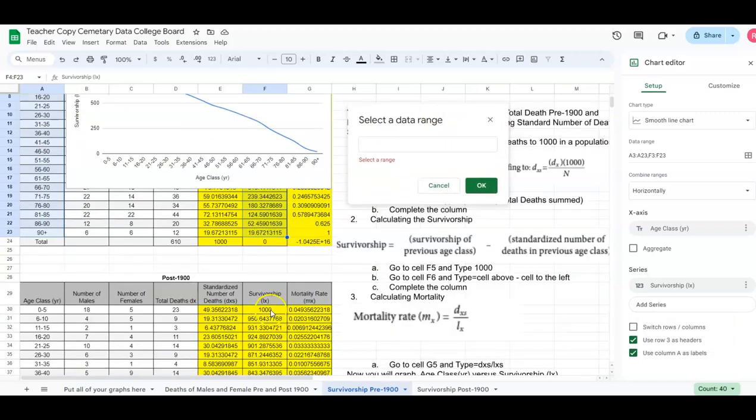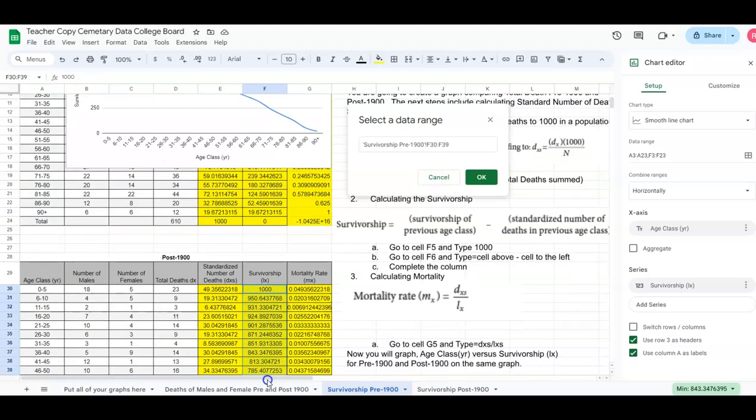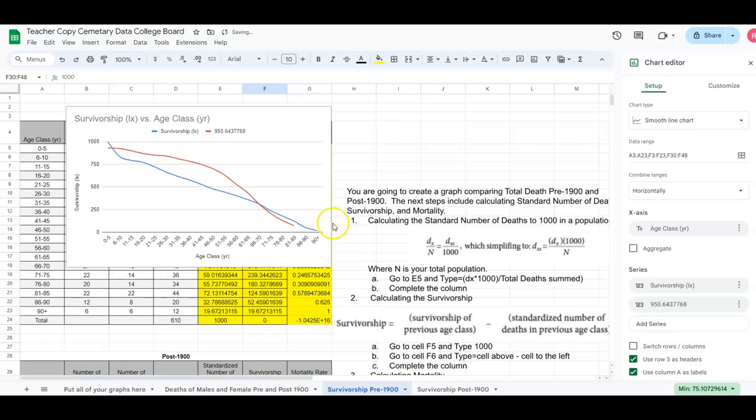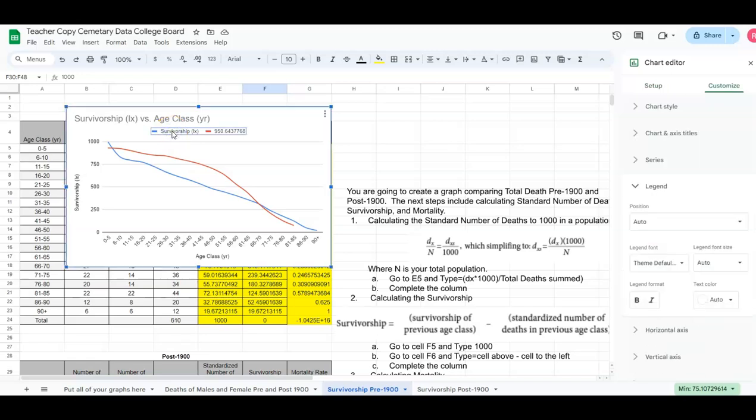I'm going to click on that, and you should get this little box. Then I'm going to come over here and say, I want this data range. So I'm going to click on that, okay, and then I should get the graph like this. Now, the next thing I need to do is double click on here.